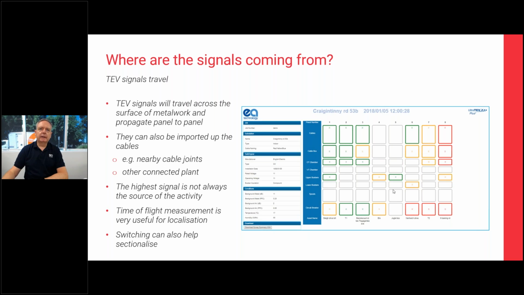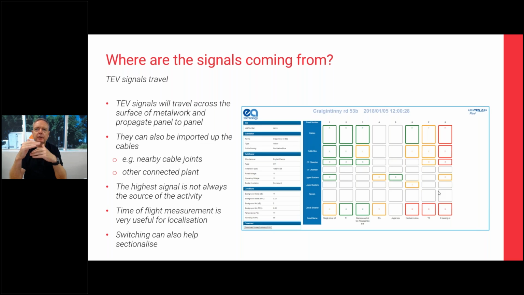So one of the things that we actually use in order to narrow down where things are coming from is a process of time of flight measurements, where we can determine where exactly the signals are coming from. So you can see in the picture in the slide here is a representation of partial discharge we found across a switchboard, and the red boxes are where we find high levels of transient earth voltage activity.